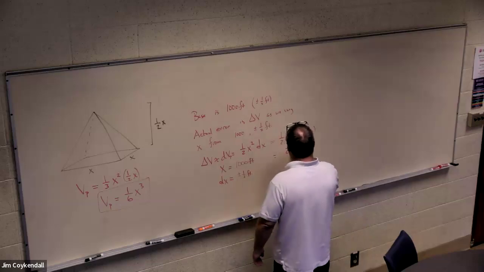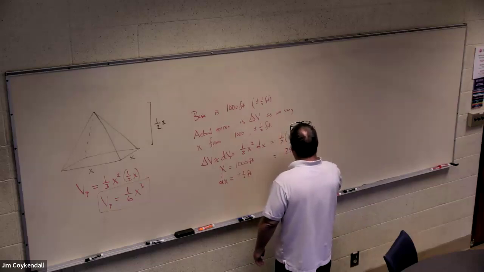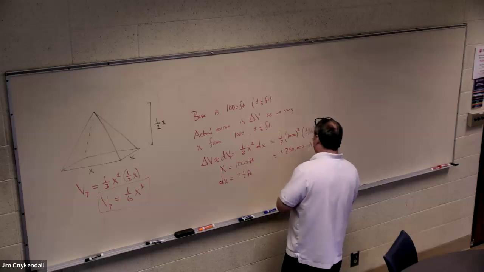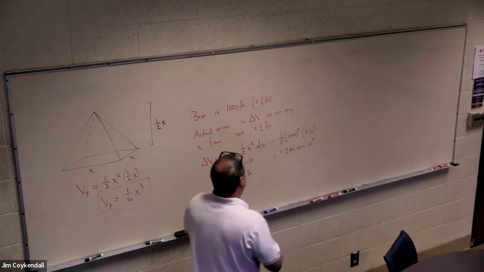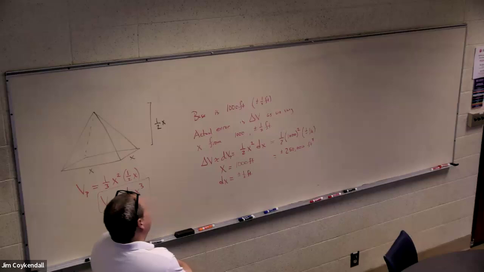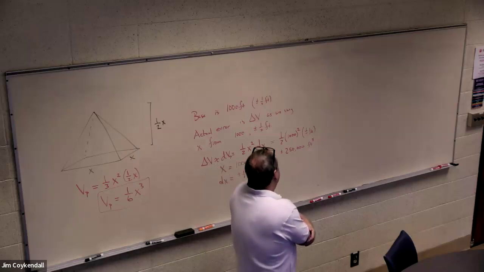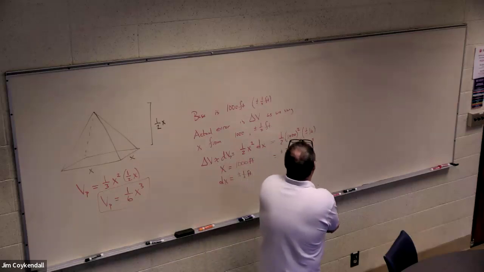1,000 squared is a million, divided by 4.